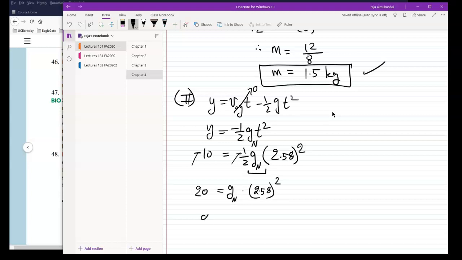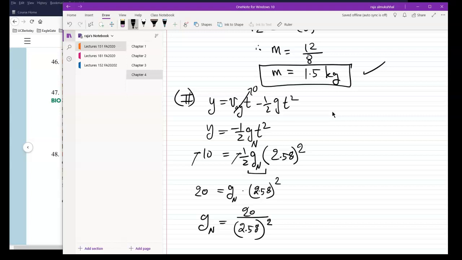I just need to do the math. So g on Newtonia is 20 over 2.58 quantity squared. Then I use my calculator: 20 divided by 2.58 squared, and that's equal to 3. Anybody got 3?